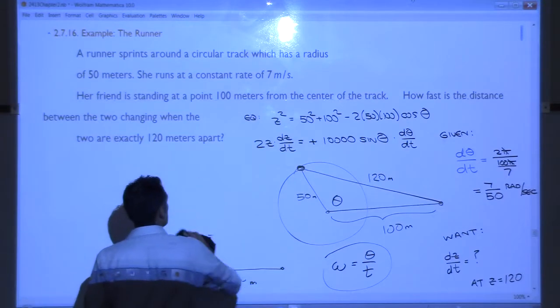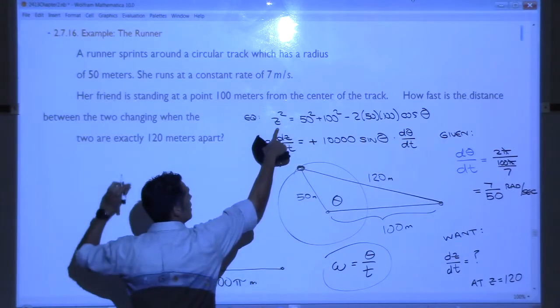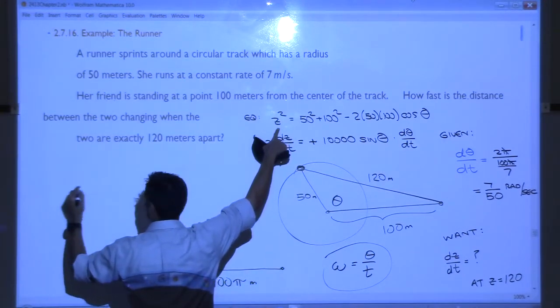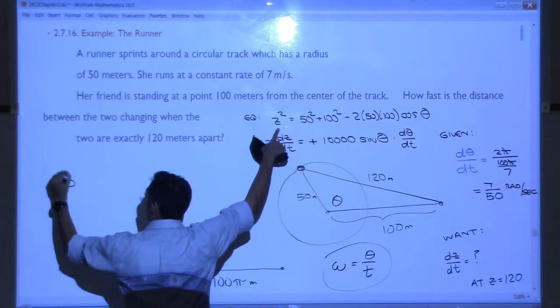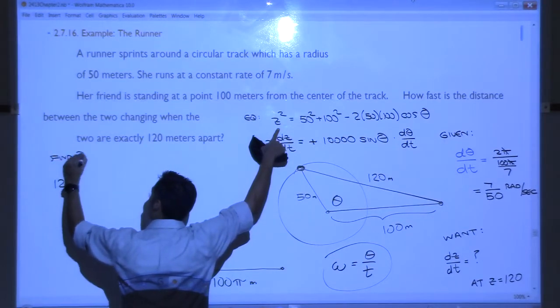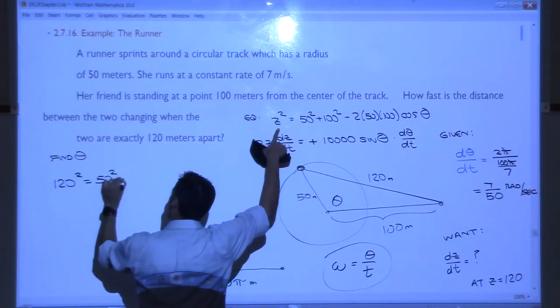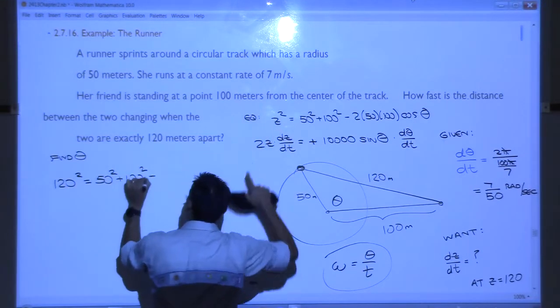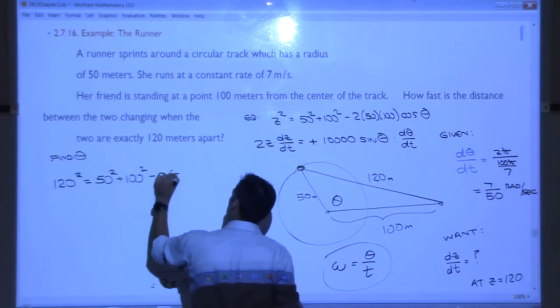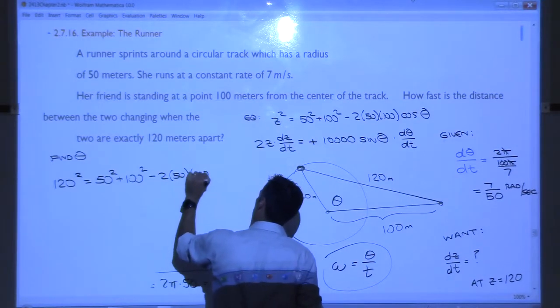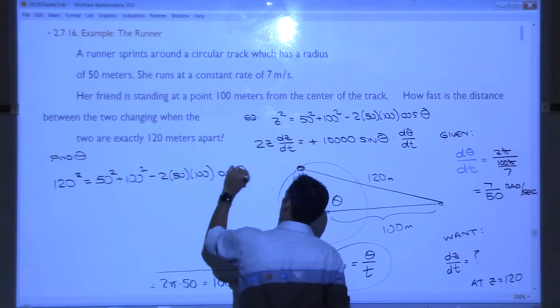So if I take my original formula, z squared, but fix it in time, what's z? 120. So I'm trying to find theta right now. 120 squared equals 50 squared plus 100 squared minus 2 times 50 times 100 times cosine of theta, right?